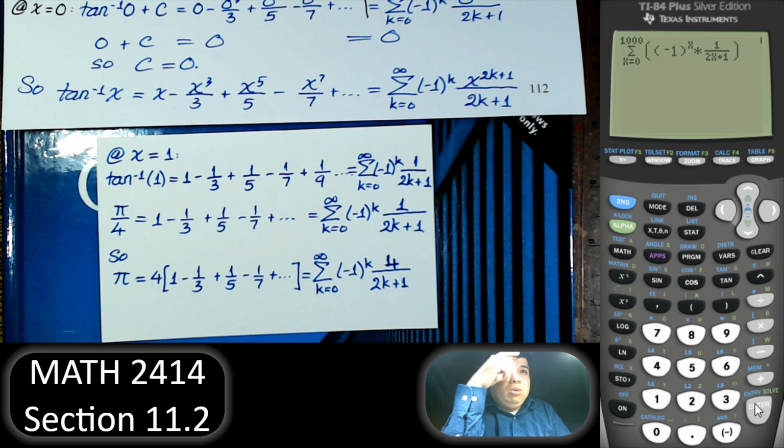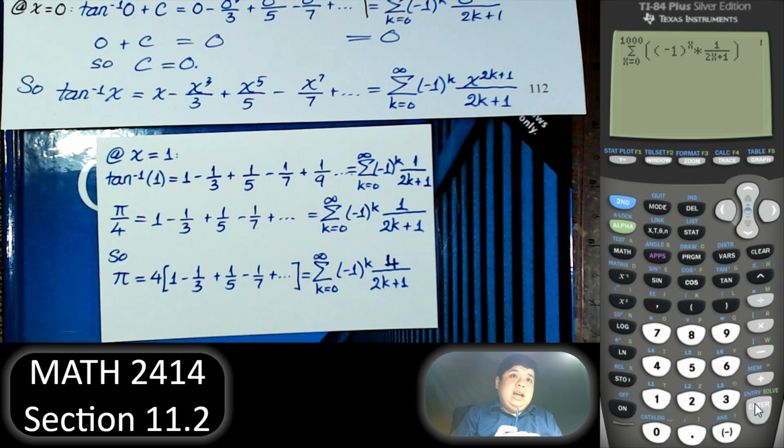Now, if you go back to the alternating series, that is section 10.6, it says that the remainder of the power series, using the alternating series, the remainder of an alternating series is going to be less than the next neglected term.